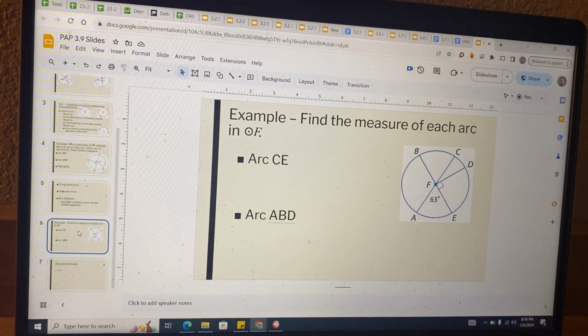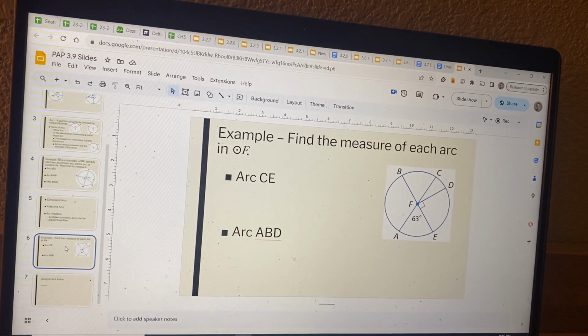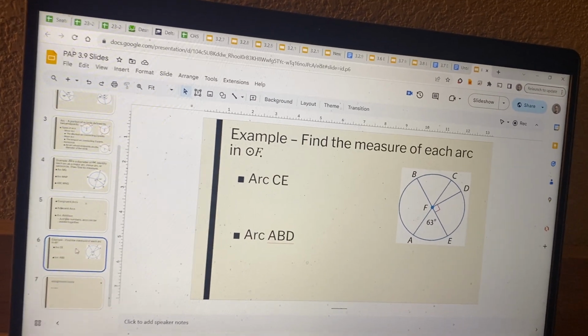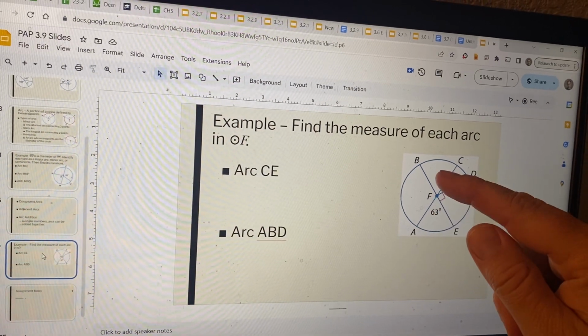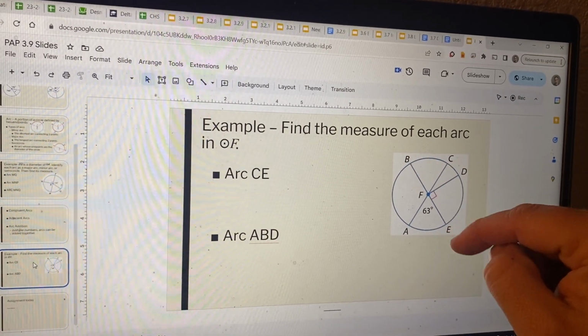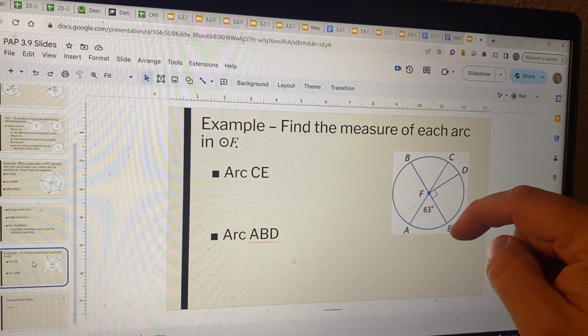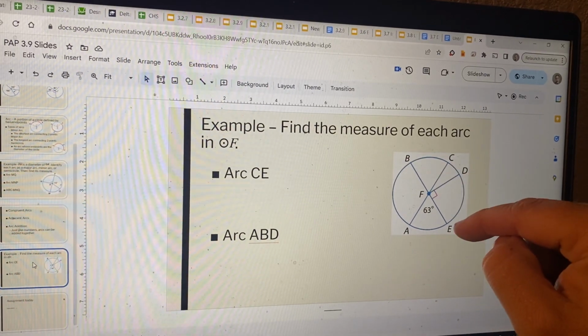On this one, find the measure of each arc in circle F. It talks about arc CE. So again, just like before, when we have these diameters that cross, we have vertical angles. This is 63, this is 63. We can see that BE is 180 degrees. So we know that this is 90 and this whole thing is 180.